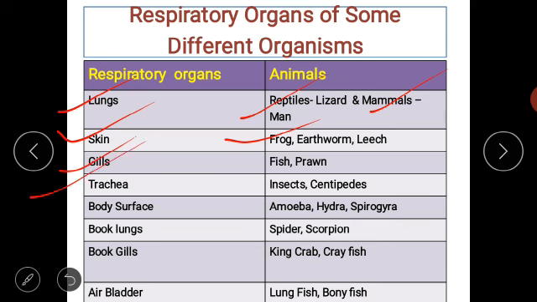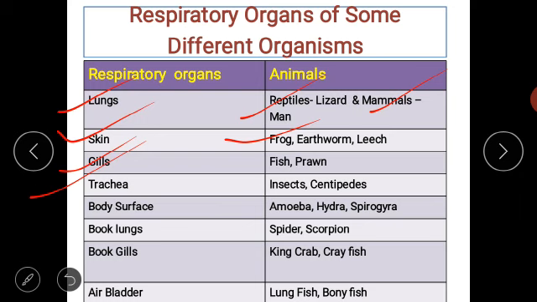Next is trachea. Trachea is present in insects and centipedes. Centipedes and millipedes are long multi-legged organisms, and they are also like insects. They have a tracheal respiratory system.